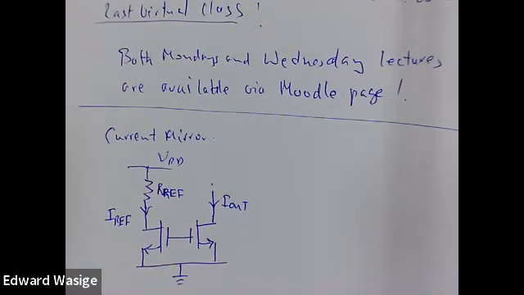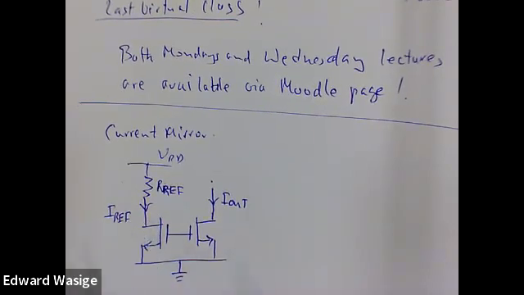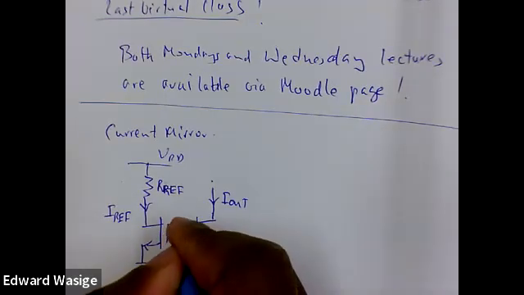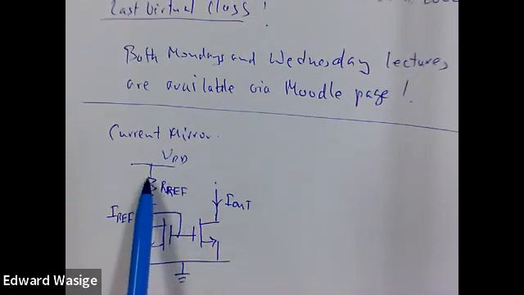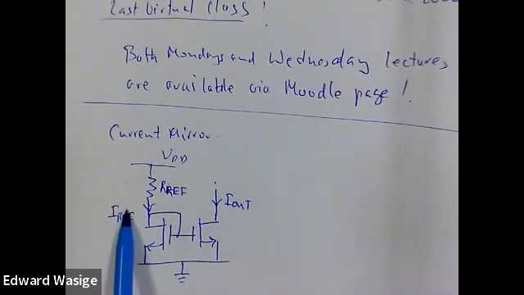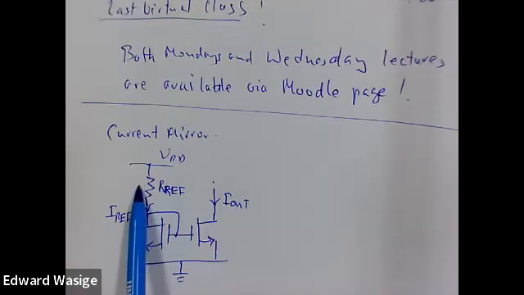I'll just make 1 observation about this. The current through this branch, for a current mirror, we'll have that connection there. The current through this branch is a reference current. I may have drawn, or a few textbooks draw, this as a current source.